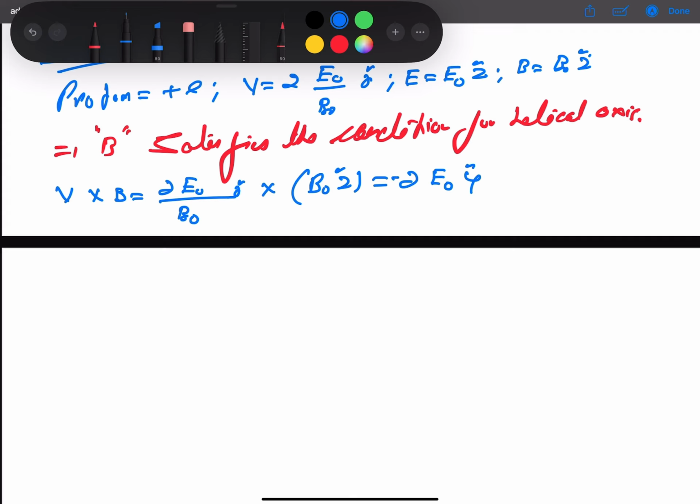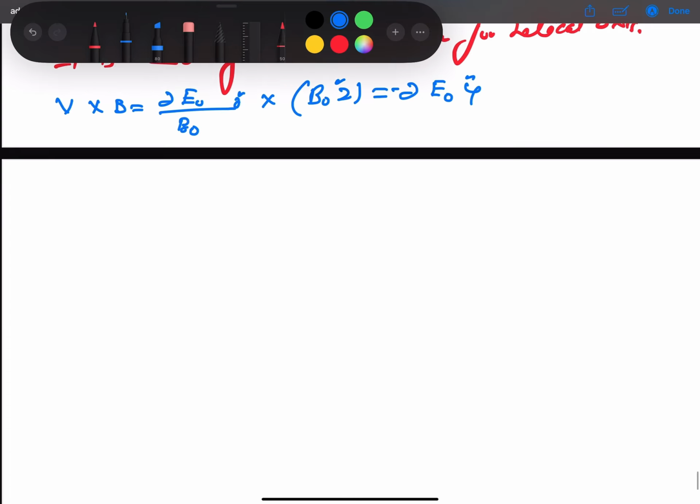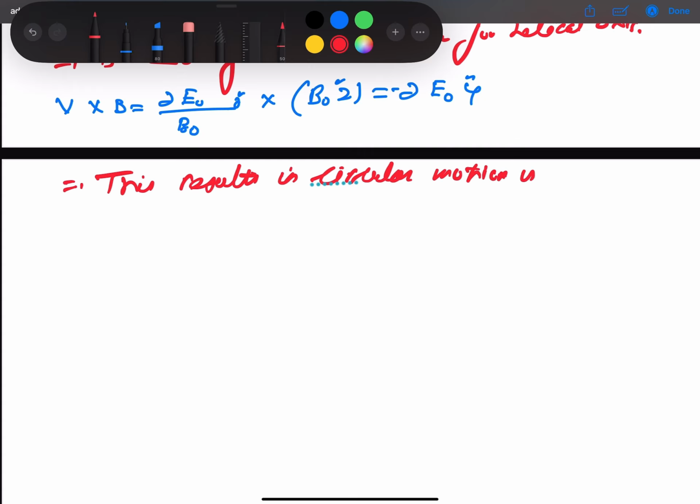So this is going to cause a circular motion in the xy plane.